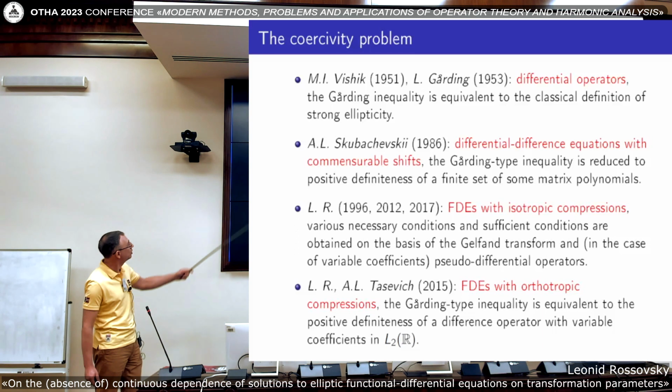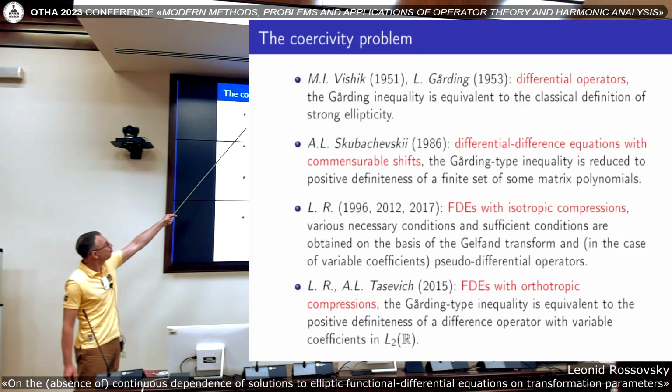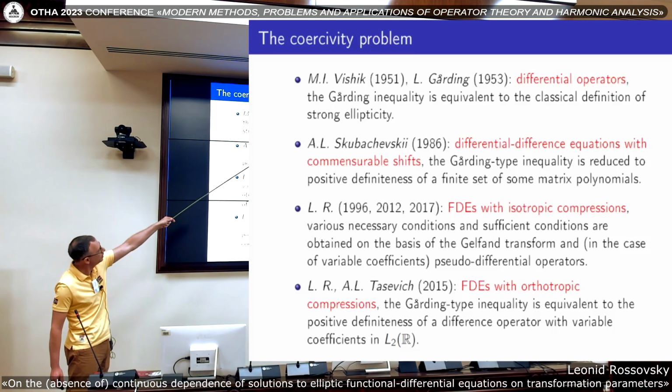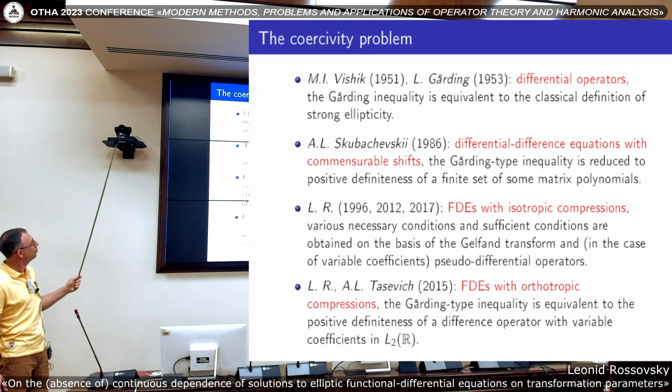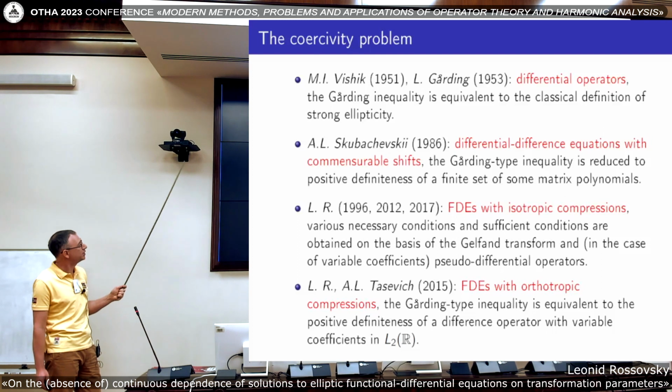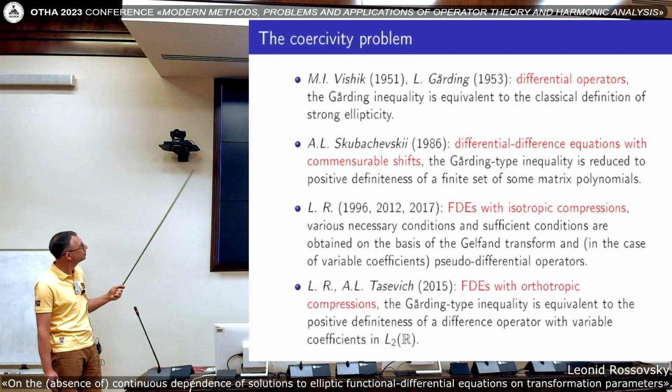Everyone knows the classical papers by Vishik and Gording, where they show that the Gording inequality is equivalent to the classical definition of strong ellipticity.